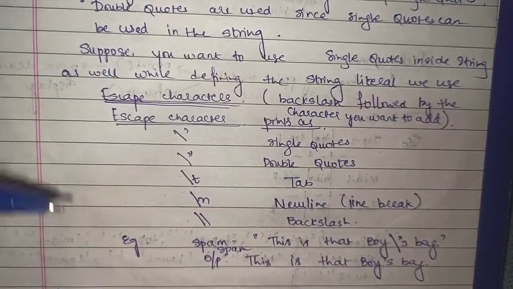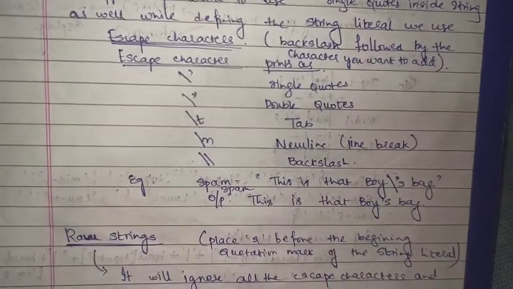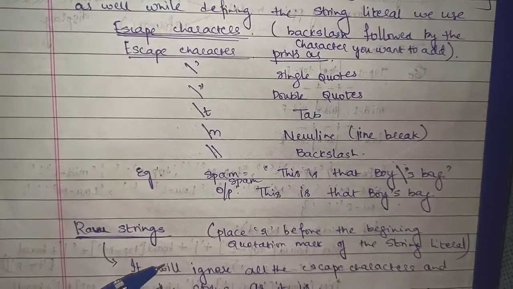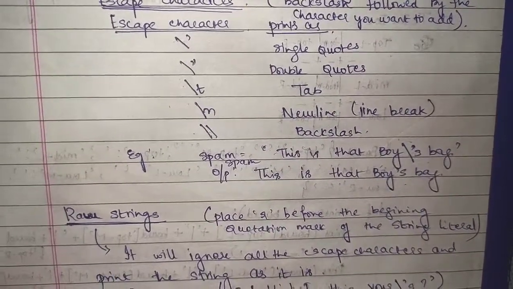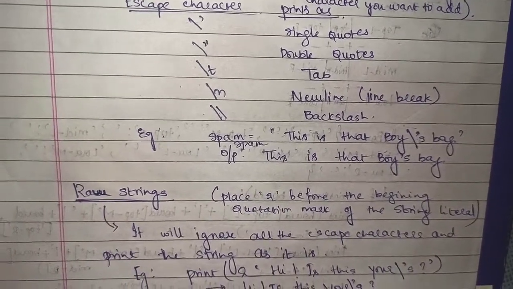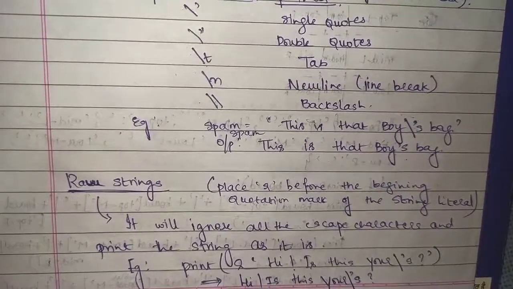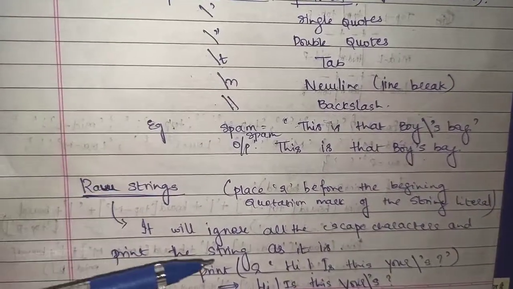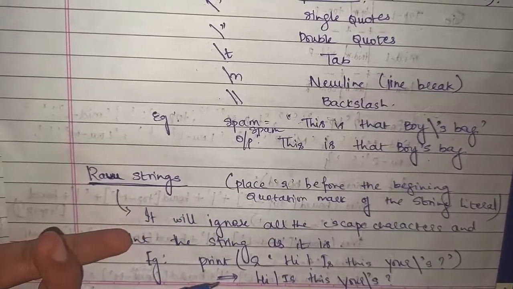Now coming to the next topic, that is raw string. In a raw string, whatever you place inside the string will be printed as it is, whether it is escape characters or whatever is inside. It is usually initiated with an r.